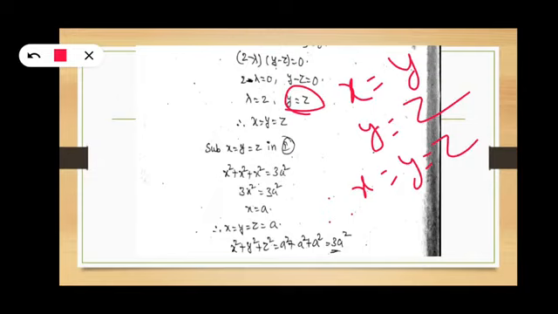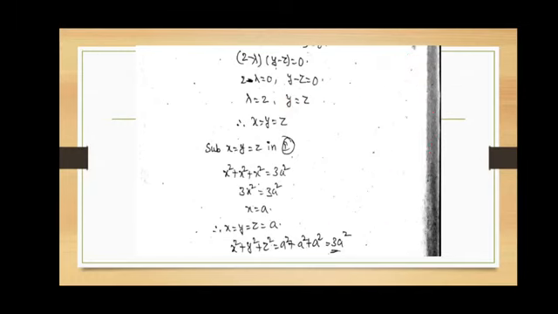That means the three variables have the same value. So now we substitute this in the given condition. The given condition is xy plus yz plus zx is equal to 3a square. Now we see the condition.